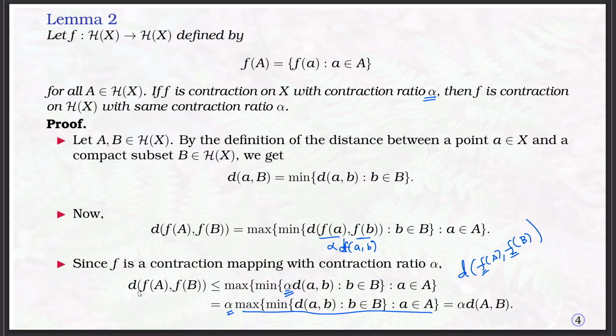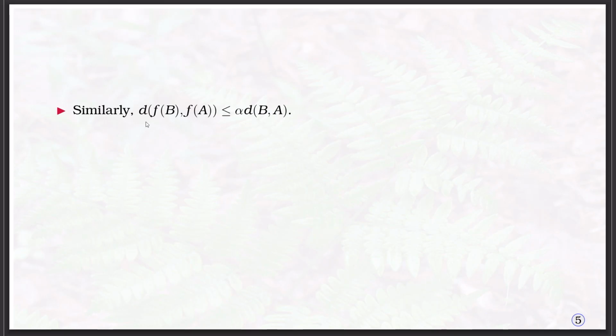So, the distance between f of A and f of B is less than or equal to alpha times the distance between A and B. Similarly, one can prove that the distance between f of B and f of A is also less than or equal to alpha times the distance between B and A. So, we already proved the distance between f of A and f of B is less than or equal to alpha times the distance between A and B.